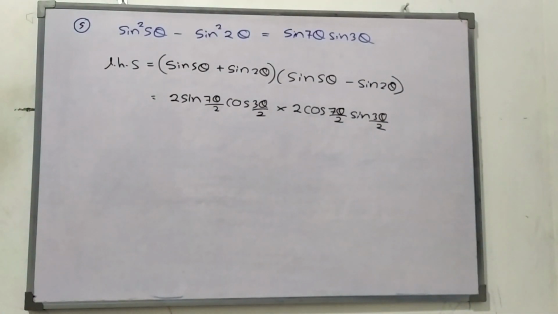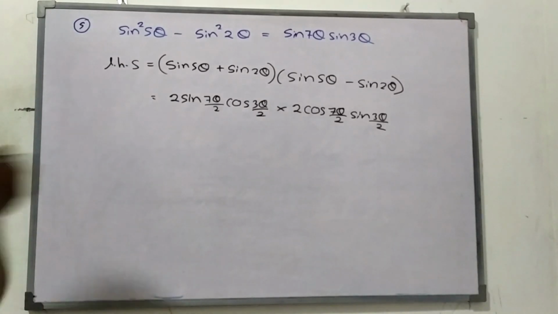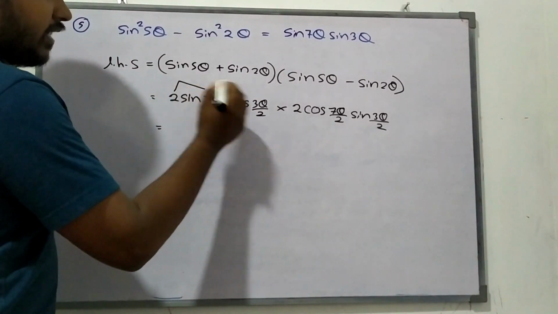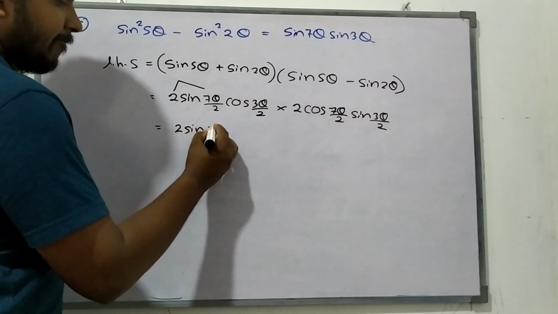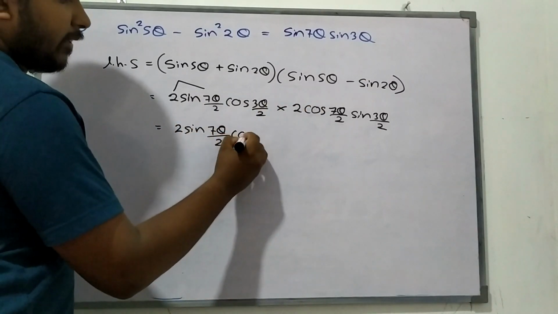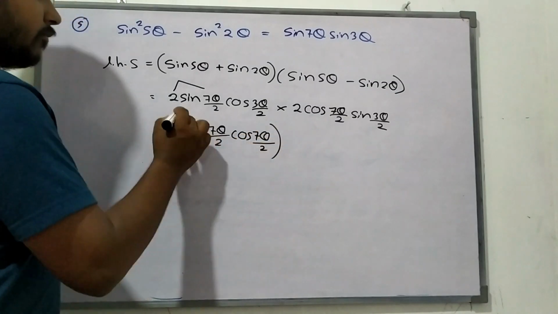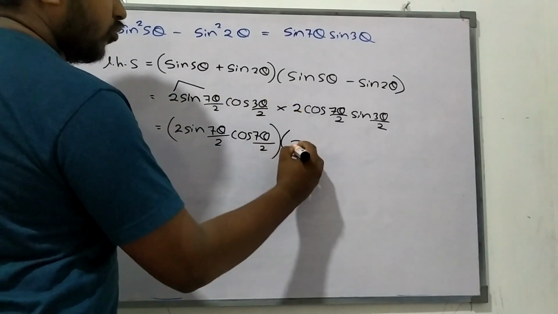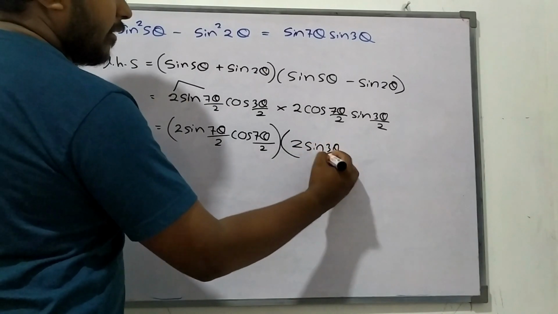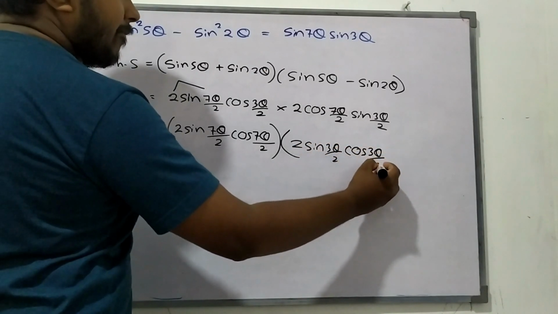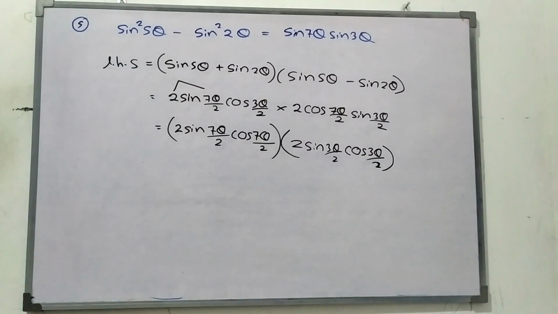Then after that we can simplify it. Using this 2 sin 7 theta by 2 and cos 7 theta by 2, one bracket, this 2 sin 3 theta by 2 and cos 3 theta by 2, another bracket, right?